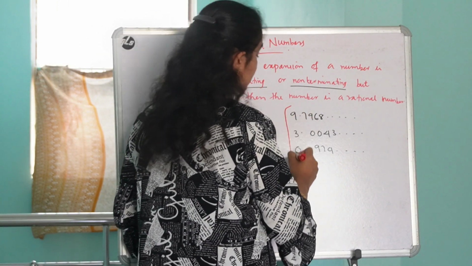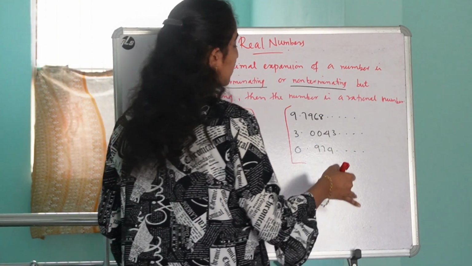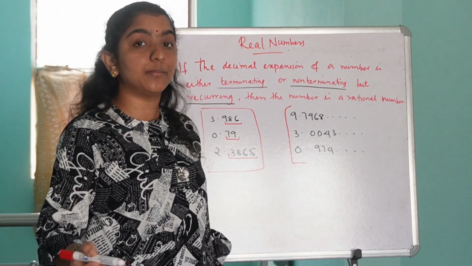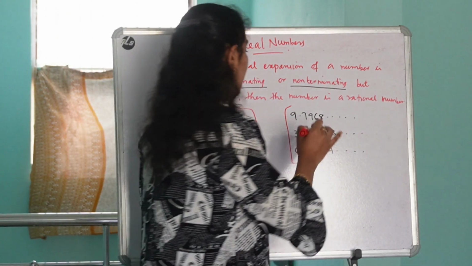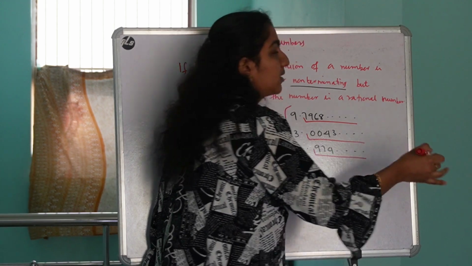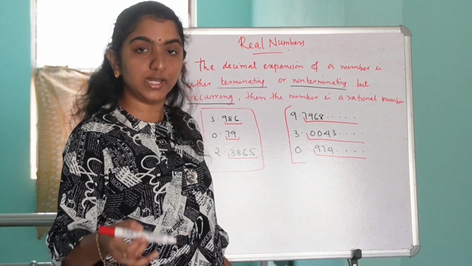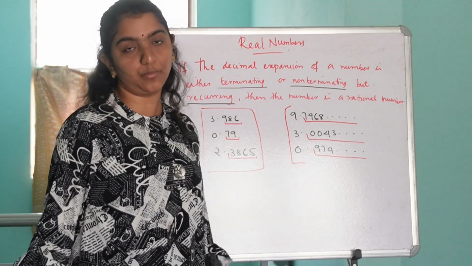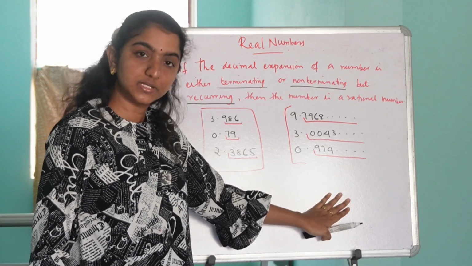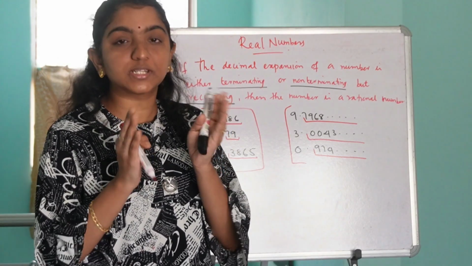Now let's consider these three decimal numbers, and in all of these you can see there are an infinite number of digits after the decimal point. Dot dot dot means it goes on forever like this. So in all of these three given decimal numbers, they don't have a fixed end point.